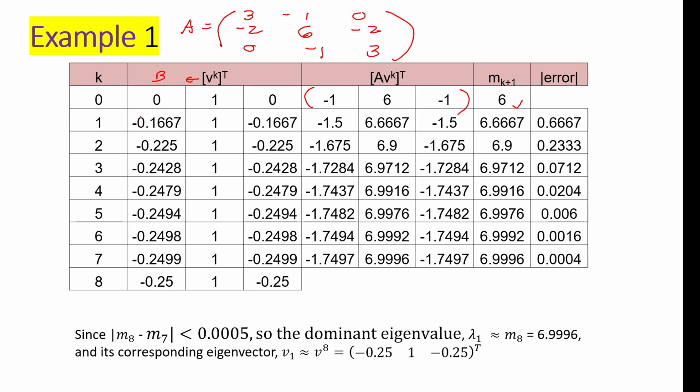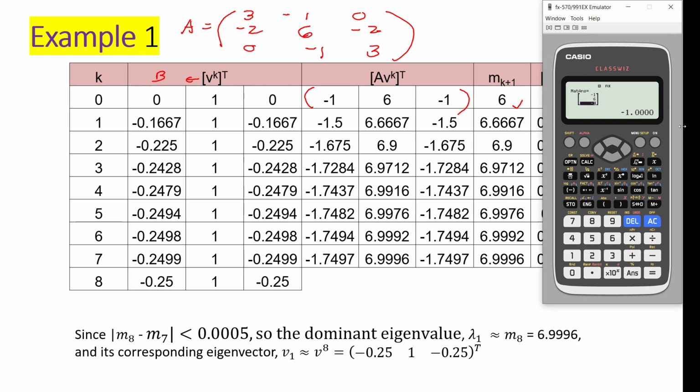Later on, you complete row 0. Row 1 is where you take this AVK divided by MK plus 1. AVK divided by MK plus 1 means the column vector -1, 6, -1 divided by 6. So how to do it?